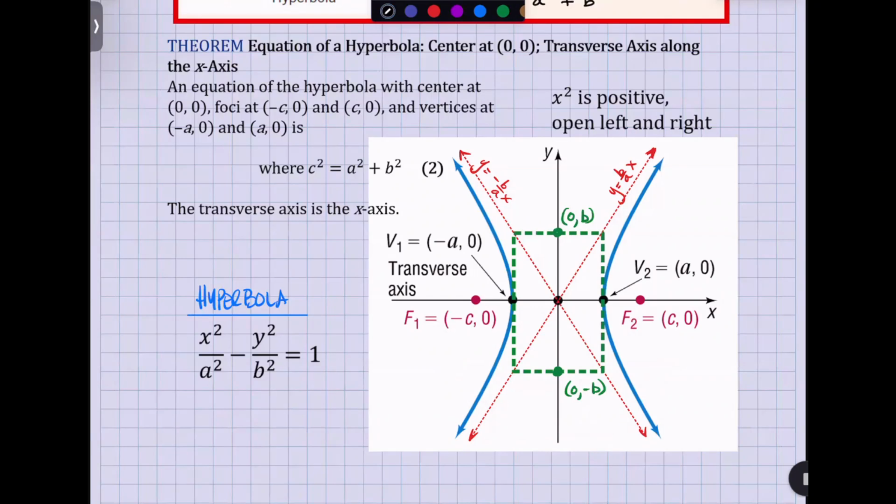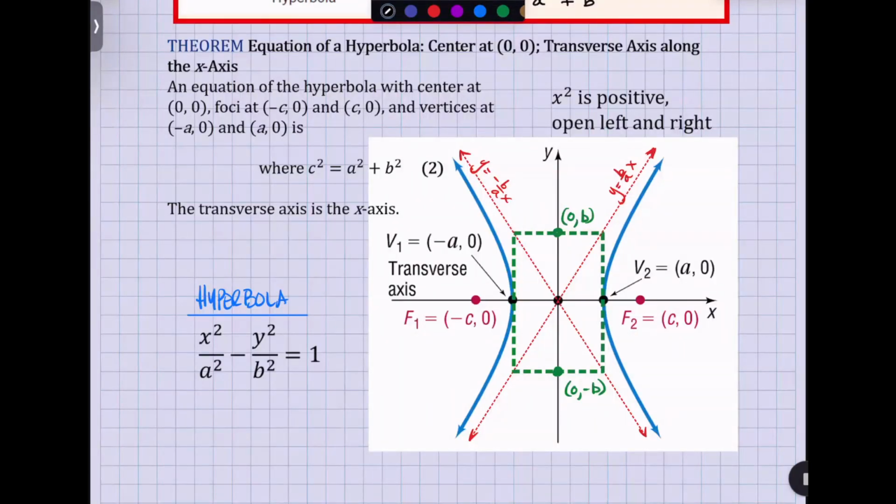Now, before with the ellipse, we talked about that it's going to go this way if the A was under the x squared. Goes this way if the A was under the y squared, right? With a hyperbola, because there is an x squared and a y squared and a subtraction, sometimes the x squared term is going to be positive, while the y squared term is going to be negative, or vice versa, where the y squared term is going to be positive and the x squared term is going to be negative.